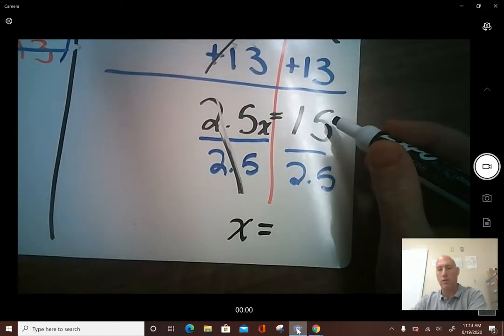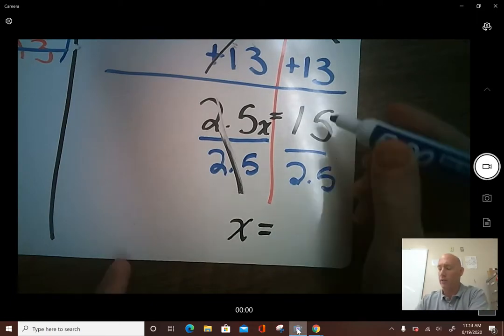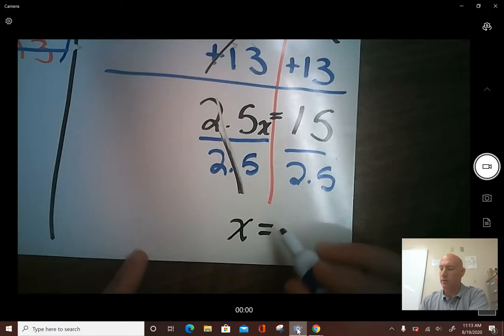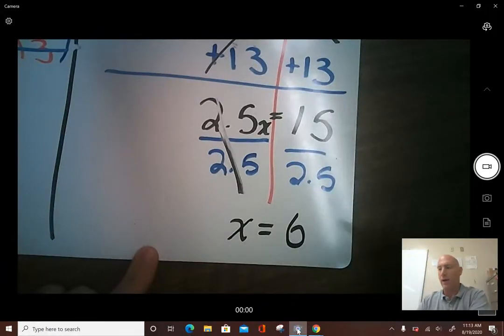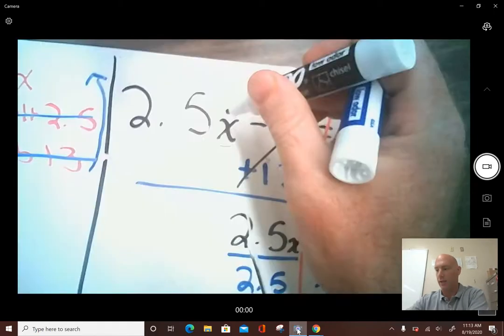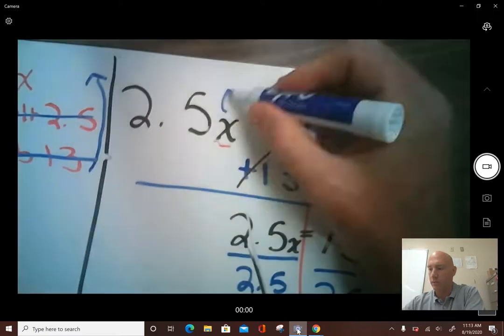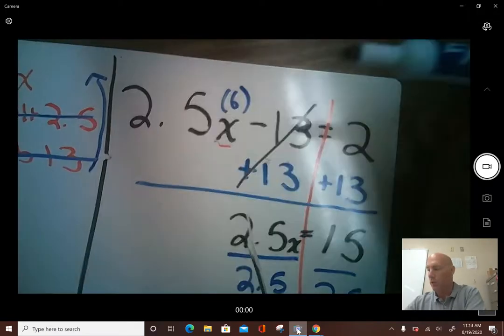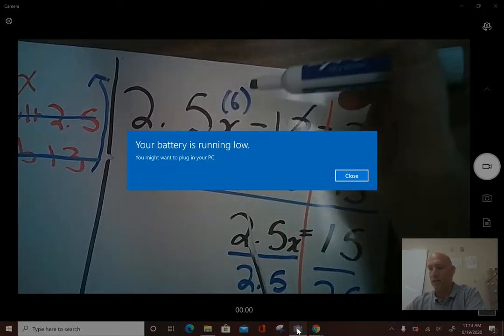Hopefully you could be able to do this in your head if you just think of money. 15 divided by 2.5 is 6. And now we could go back and plug it in to check. So you would just take your original problem and substitute 6 in for x, and we know 2.5 times 6 is 15.